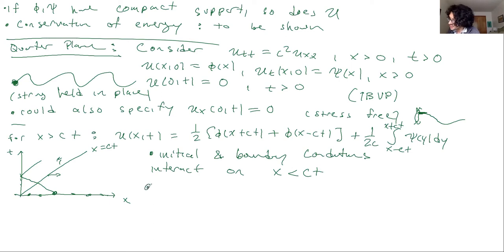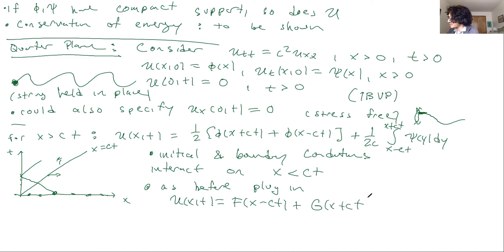Now, just because D'Alembert's formula doesn't hold doesn't mean we can't plug in our general solution from before. If you remember from Wednesday's lecture, our general solution is some function f of x minus ct plus g of x plus ct. If we plug this in, we can solve it to find what the resulting solution should be.